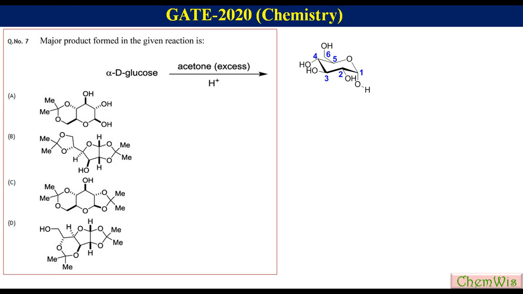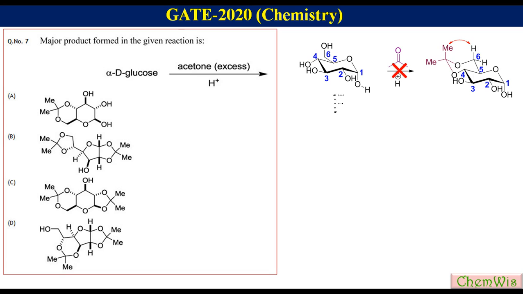In this form, it can form only one acetonide protection between the OH at C4 and C6 to give this bicyclic structure. This bicyclic structure is unstable due to 1,3-diaxial interaction. Because of this, protection doesn't occur.